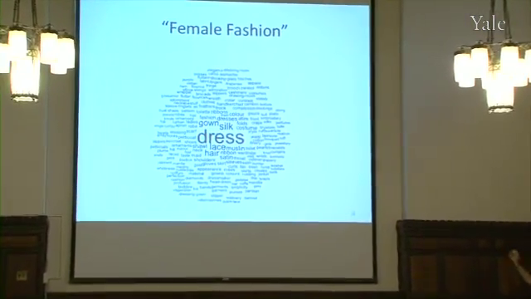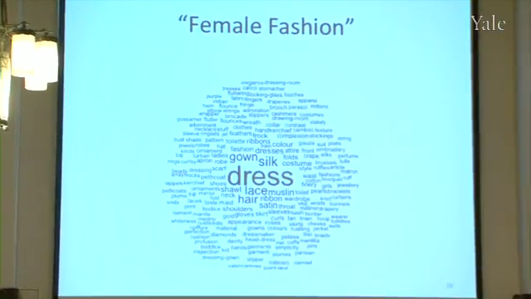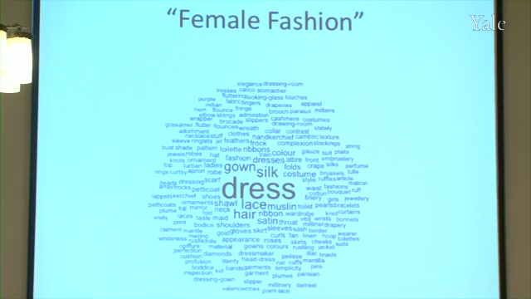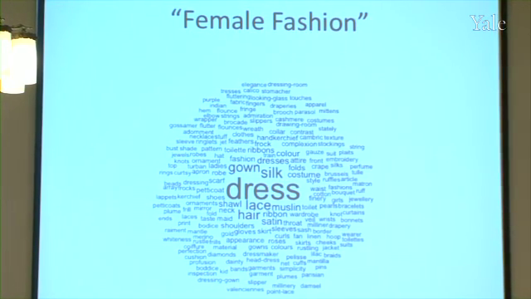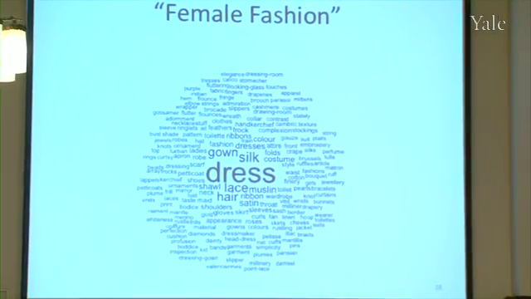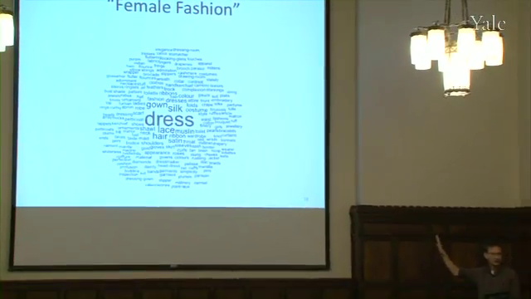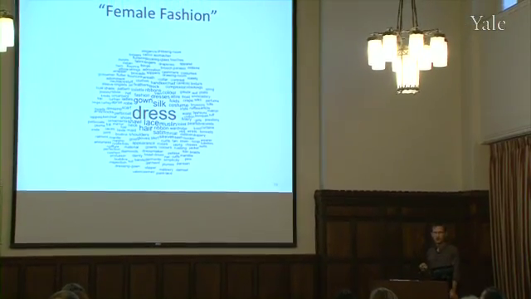This is a topic that we've labeled by hand female fashion. But the most frequent words are dress, silk, gown, lace, hair, muslin, ribbon. If you look, you can go quite far down in the word frequency list. So dressing, gown, slipper, millinery, damsel, plumes, Parisian garment. This is a pretty clean topic.